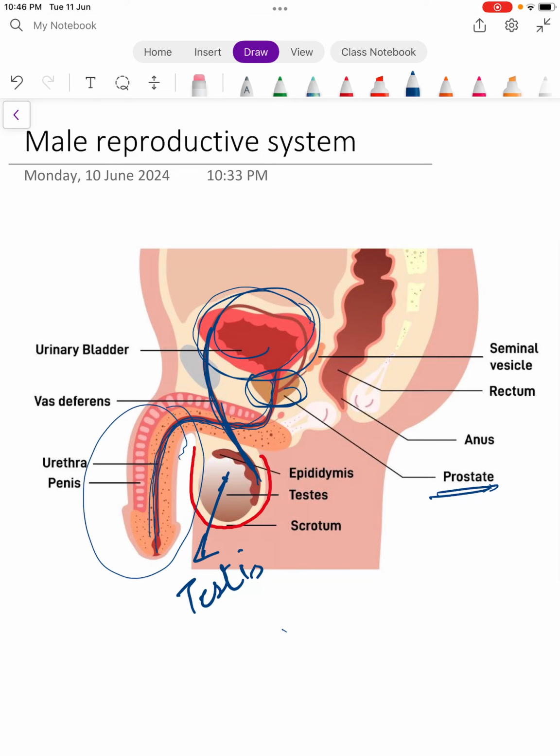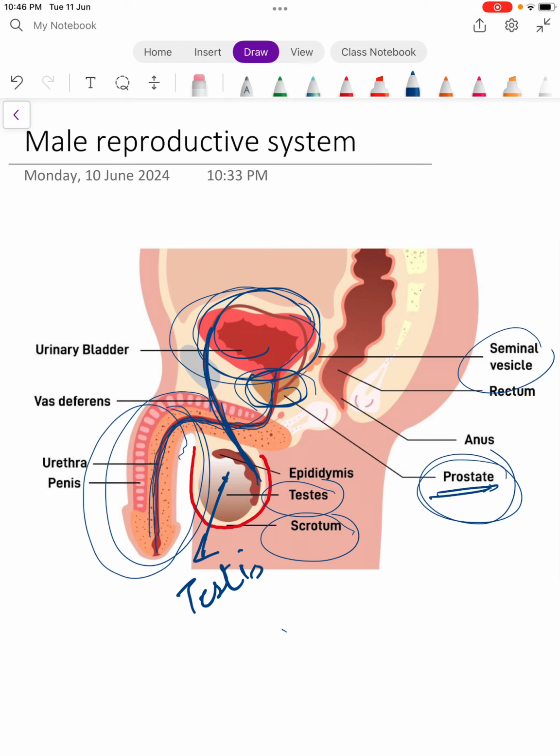So these are the organs: scrotum, which is a pouch, testis, which is present in the scrotum, then penis, which is the male sex organ, then urinary bladder, then prostate gland, seminal vesicles. All these together make up the male reproductive system.